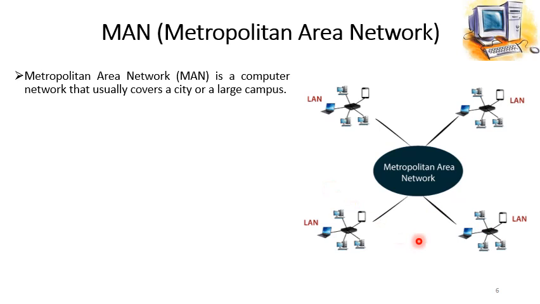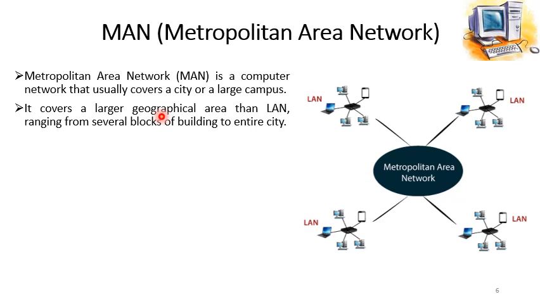Metropolitan area network is larger as compared to the local area network. It covers a city or a large campus, the area which is equal to a city or a large campus. It covers a larger geographical area than LAN, ranging from several blocks of buildings to an entire city.